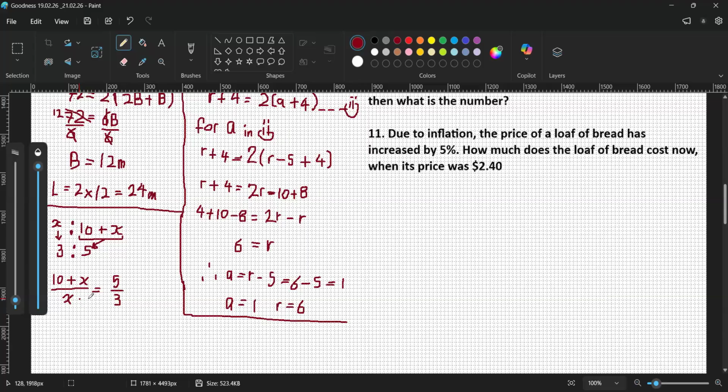So nothing to start bothering yourself over. I'll just cross multiply, save myself all the stress as much as possible. And there we go. By cross multiplying, I'll start with 3 into bracket 10 plus x.